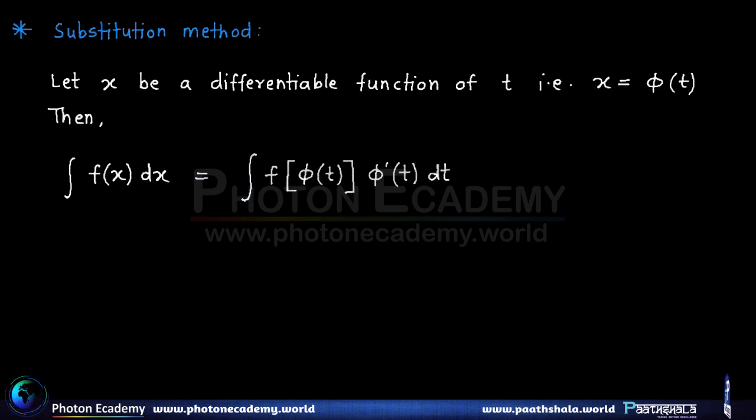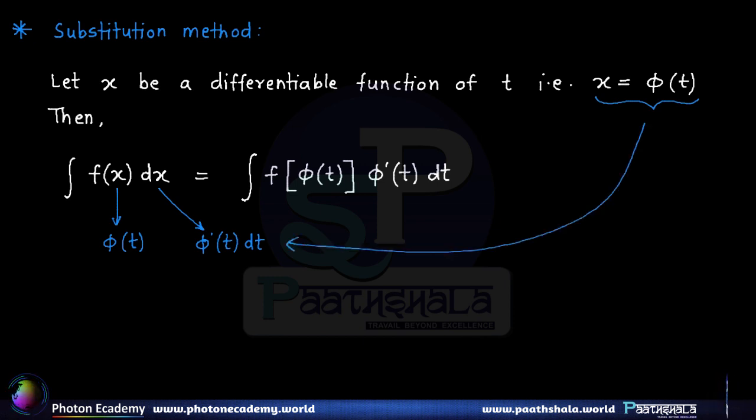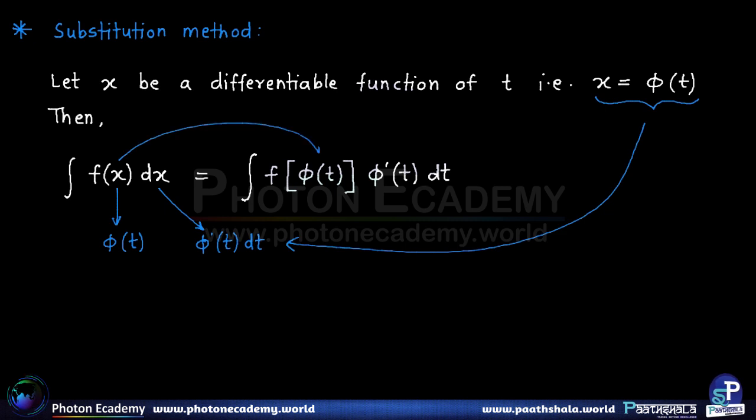So what it means is, if we replace x by phi of t, then dx will become phi dash of t times dt. That is nothing but, if you differentiate this particular expression, you are going to get phi dash of t dt. So therefore on substitution, x becomes phi of t and dx becomes phi dash of t dt, isn't it? So that is the formal statement of the substitution method.